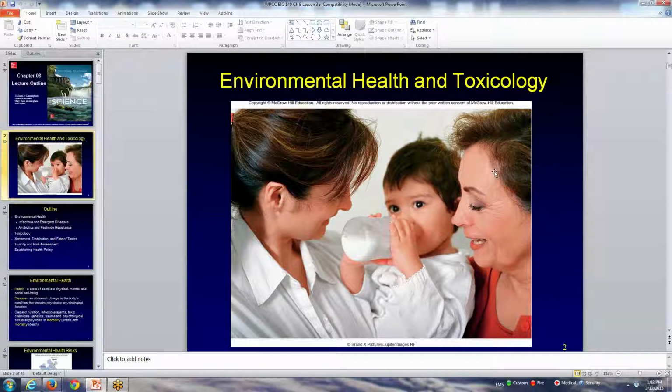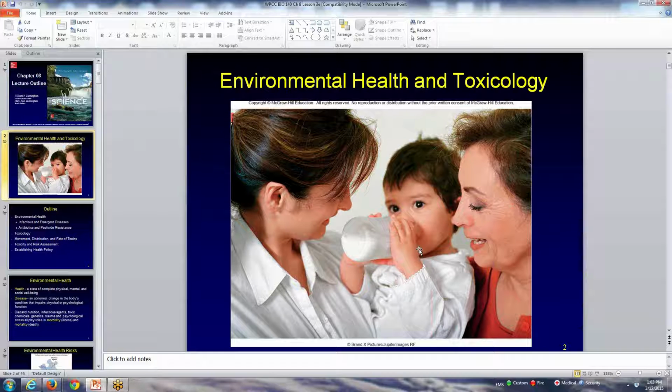But guys, let's see this opening photograph here, this little toddler sipping on some milk inside of a bottle. And what might be in that plastic bottle? Maybe a substance called BPA. So here in Chapter 8, guys, we're going to be looking at environmental health and toxicology.